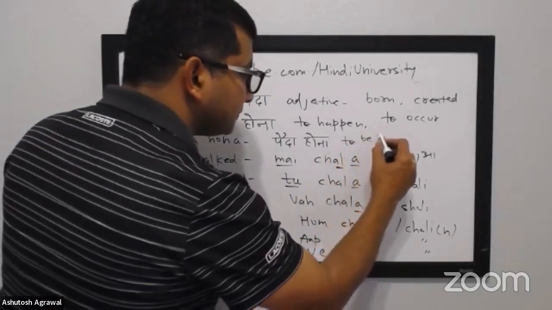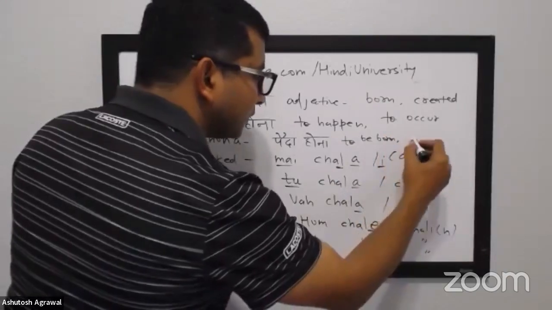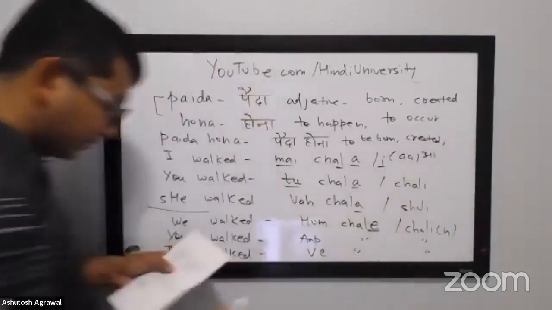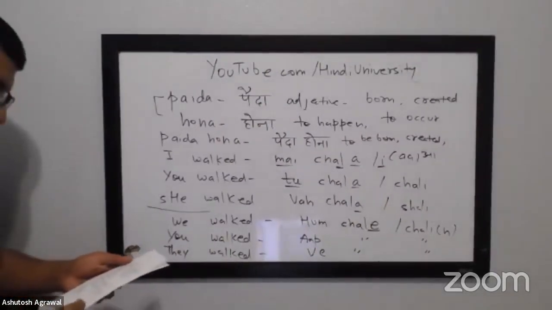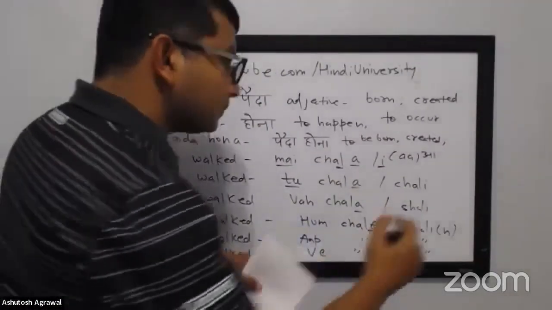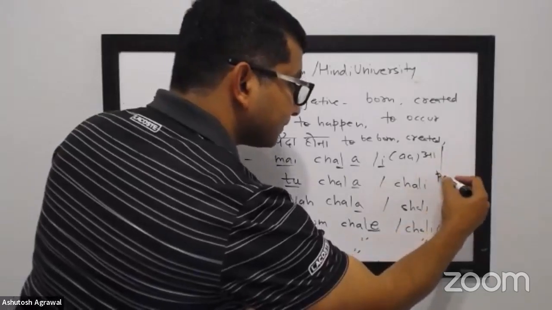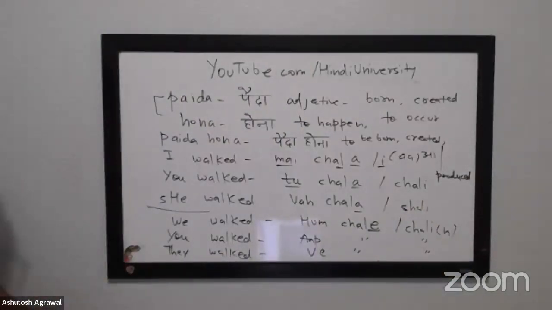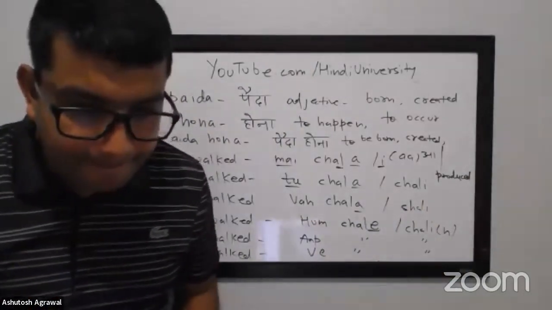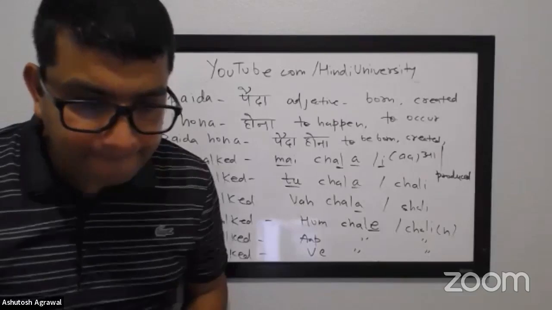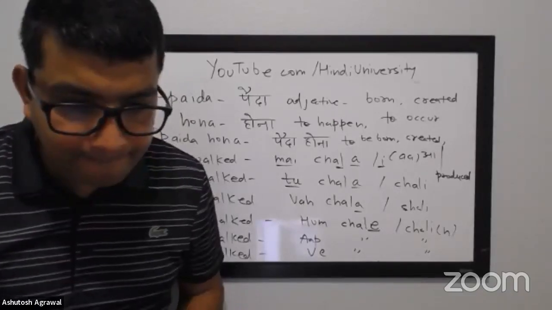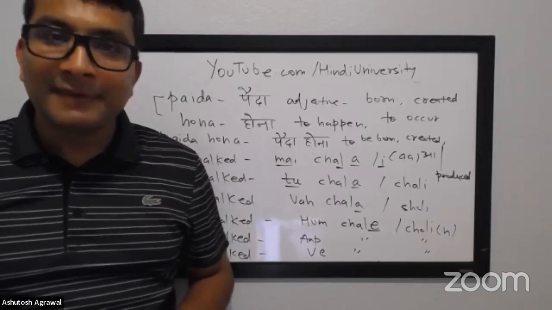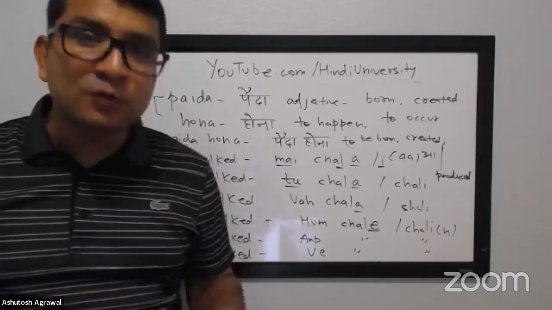To be born, created or produced. Master ji, yes. Would that always be used for a person or a living thing that was born, or would it be used for ideas that you created or produced? It can be used for anything.